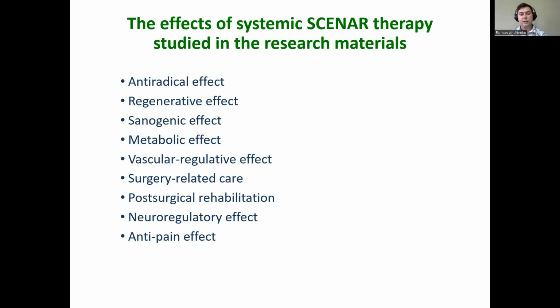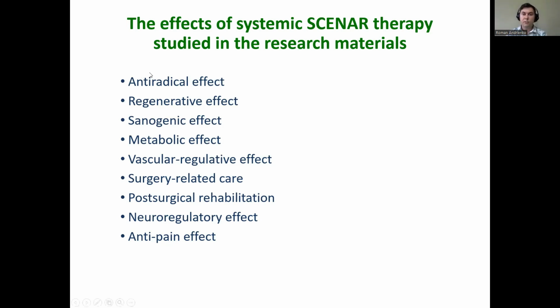Plus, new articles by Western authors arise over the years, as for example in Spain or France, and we continue to develop this field and the therapy as a whole.